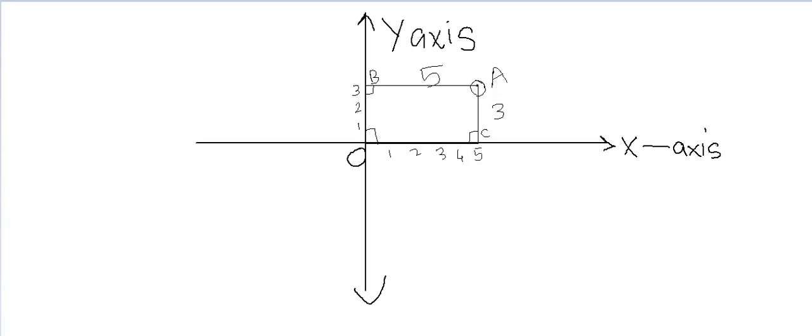So A has an x-coordinate of 5, and point A corresponds to point B on the y-axis, and point B is at 3 units on the y-axis. So the y-coordinate of point A is 3. So 5 and 3 are together known as coordinates of point A.